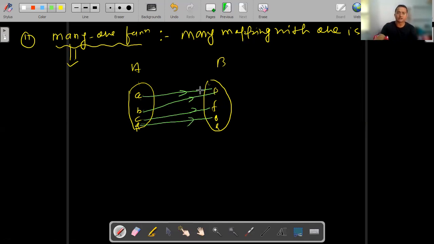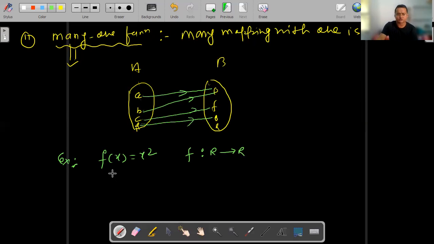See, one example I am telling you. Here, f(x) is equal to x square, and the function is defined from real numbers to real numbers. So you put any real number.